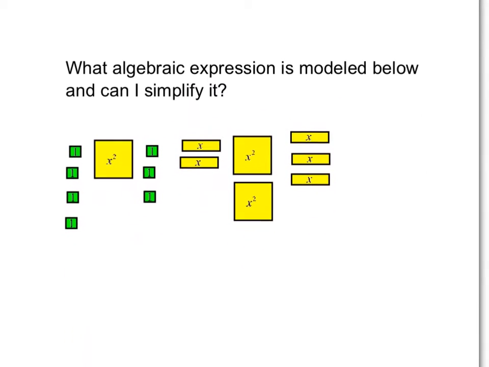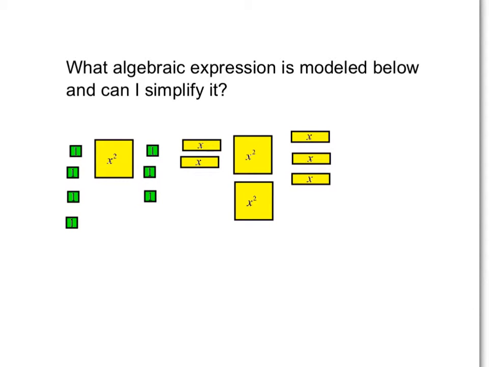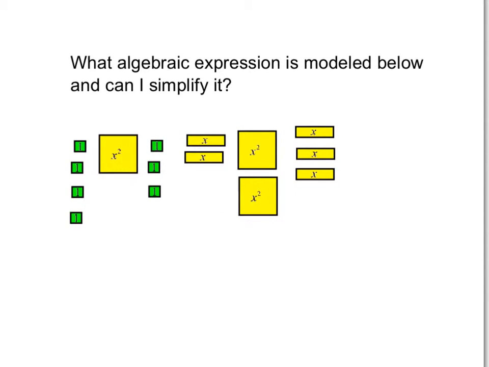Now, when I'm actually doing this in the homework, what I tend to do is use geometric shapes to pair up my like terms, or sometimes there's more than 2 like terms. Here, I've modeled an algebraic expression and ask you to think about what is actually here, and then we'll decide if we can simplify it, if we have any like terms. These are 4 ones, so that's simply 4.